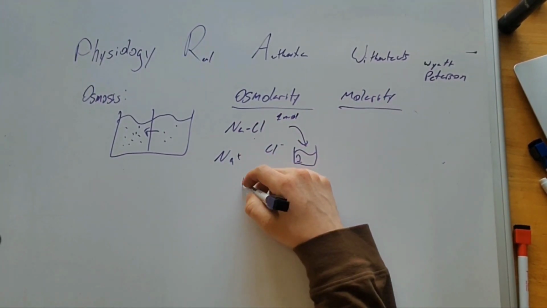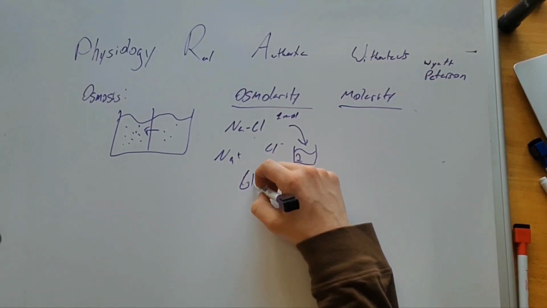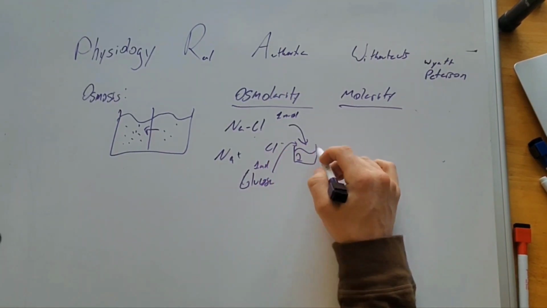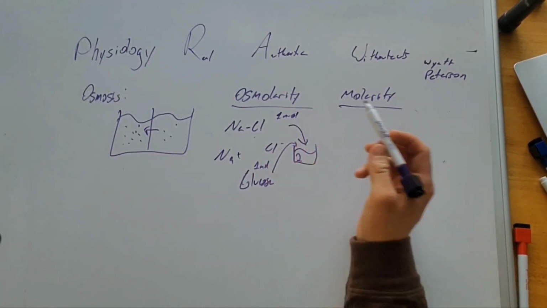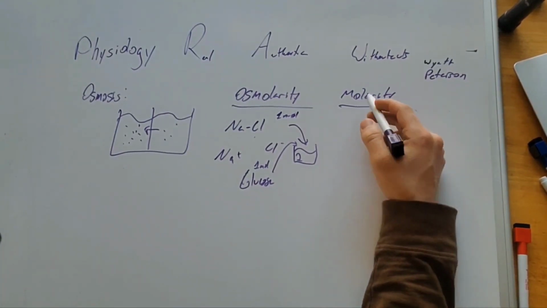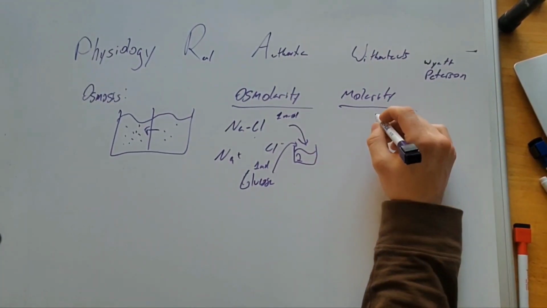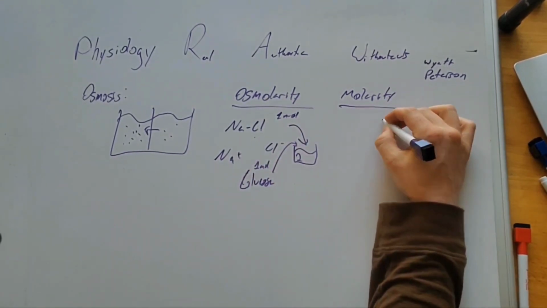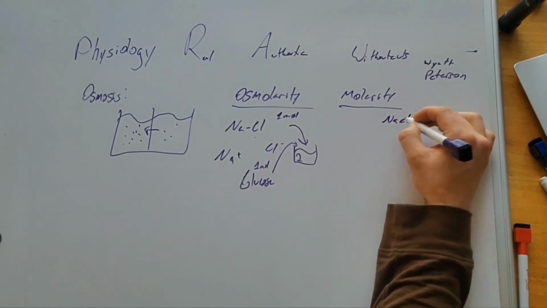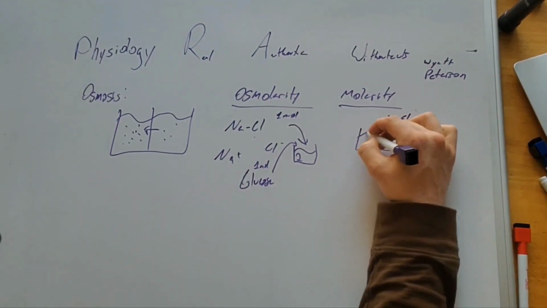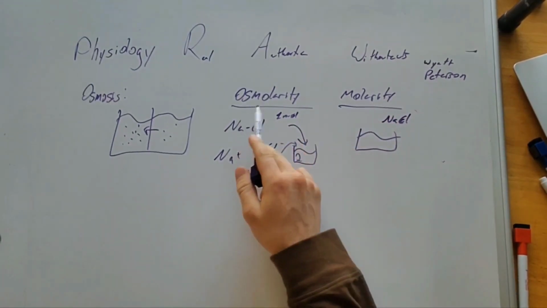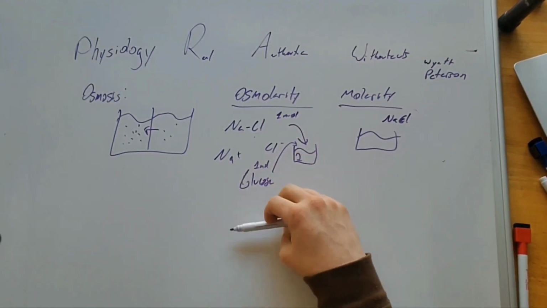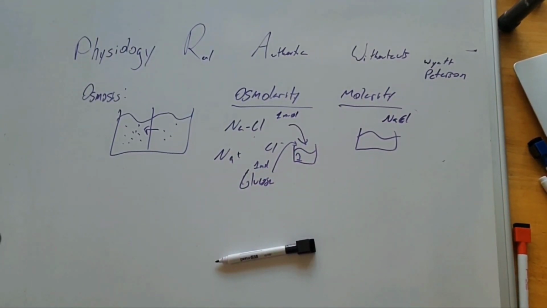But if you put glucose or other compounds that can't dissociate into a solution, it'll stay 1 osmolarity. Molarity doesn't take into account this dissociation factor. So you could put 1 molarity of sodium chloride into a solution. It's 1 molarity, but to describe it more, you would call it 2 osmolarity because that's how it interacts with water.